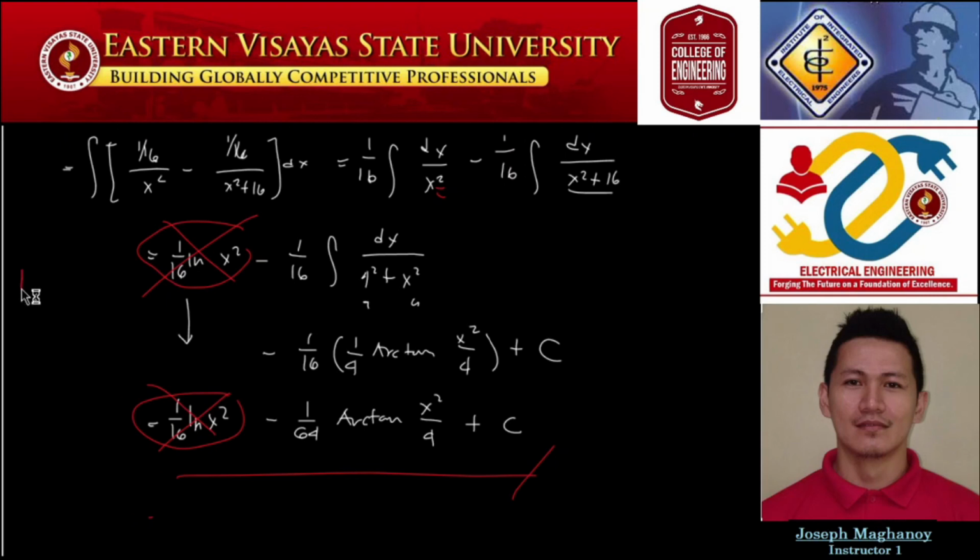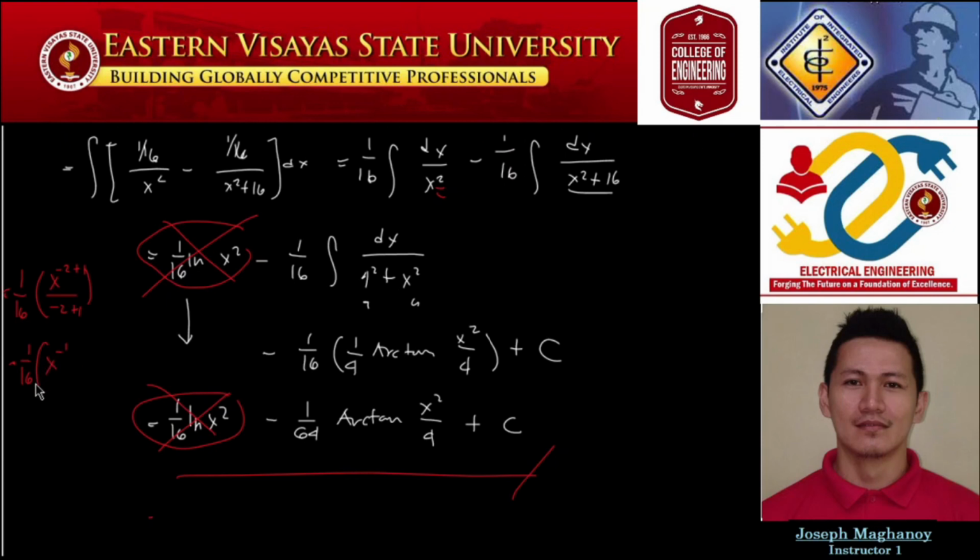So that is 1 over 16 quantity, use our power formula to become x to the negative 2 plus 1 all over negative 2 plus 1. So it will become 1 over 16, that is negative 1. So this will become negative, and the remaining is negative 1.